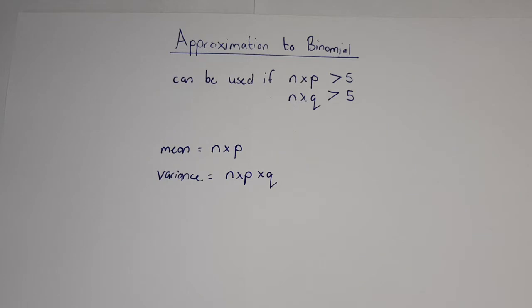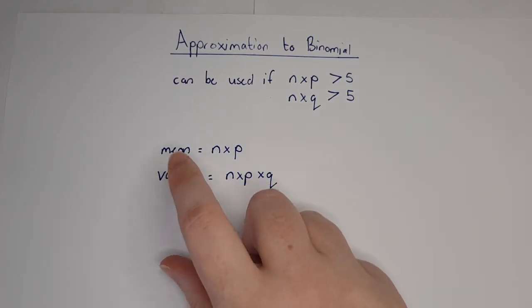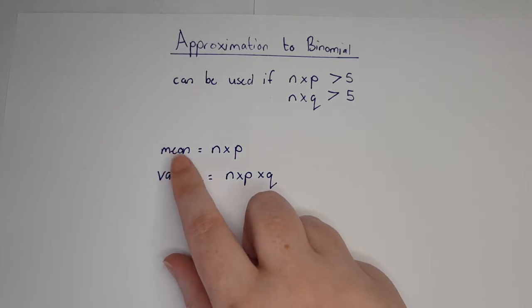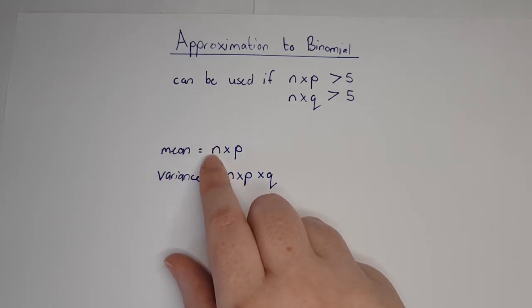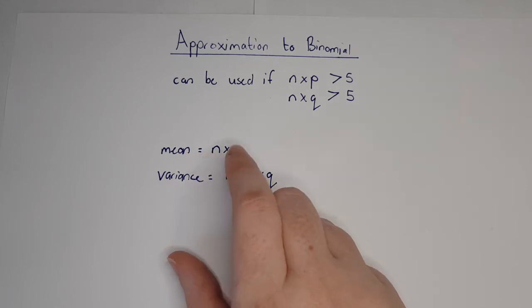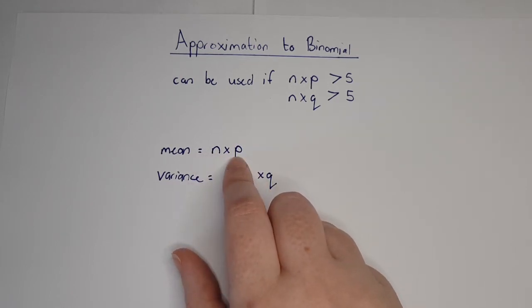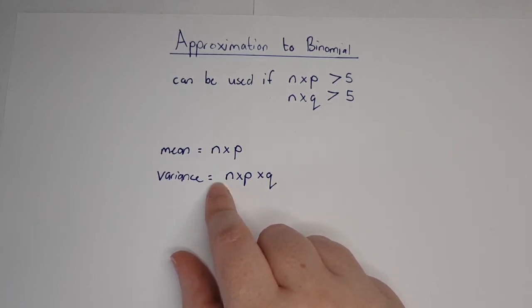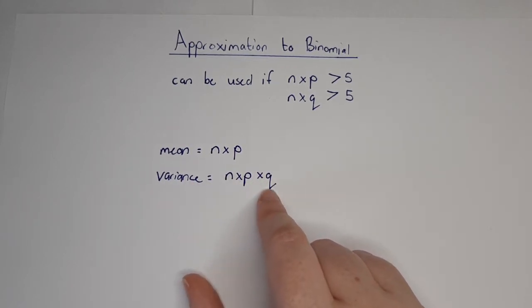The first thing we will do for approximation is work out your mean and your variance using your binomial formula. The mean is always n, which is our total number, times p, the probability of success, and the variance is n times p times q, which was our failure.